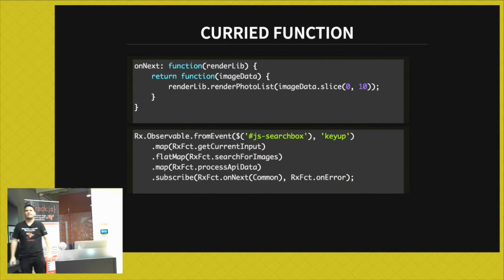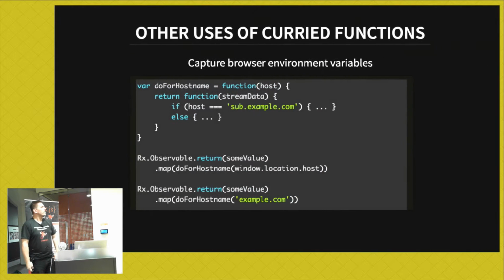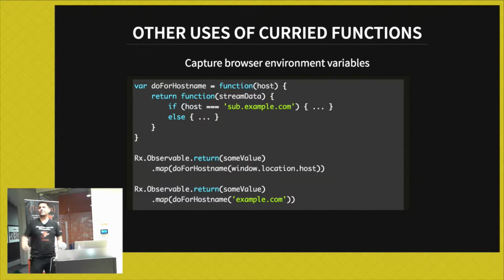Now let's say your manager says, we just want to have a list of the images, and you just go, oh, okay. Well, really easy. All you do is pass a different object that renders a list rather than the object. So now your function can actually be reused for multiple different purposes. So that's kind of the power of currying, and you're going to use a lot of it if you're doing more and more Rx.